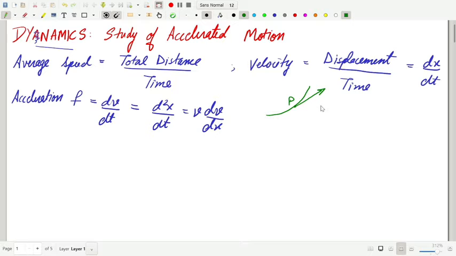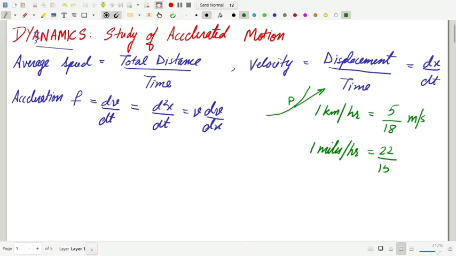Now, some of the conversions: 1 kilometer per hour is equal to 5 by 18 meters per second. 1 mile per hour is equal to 22 by 15 feet per second.